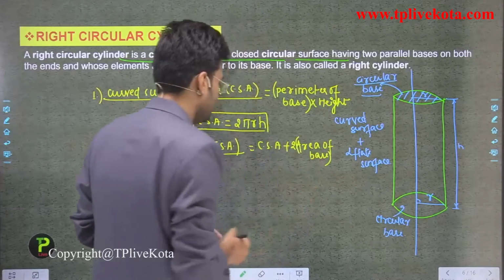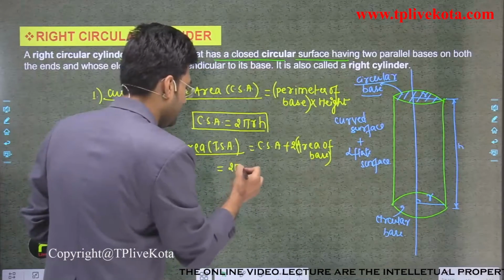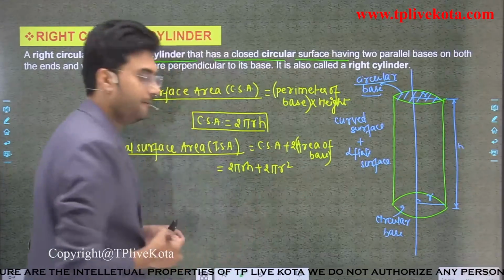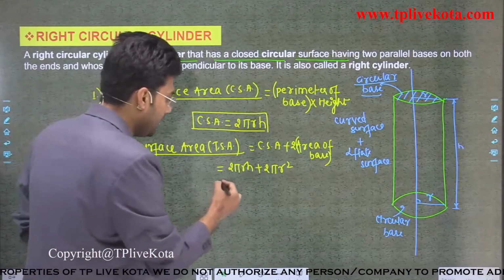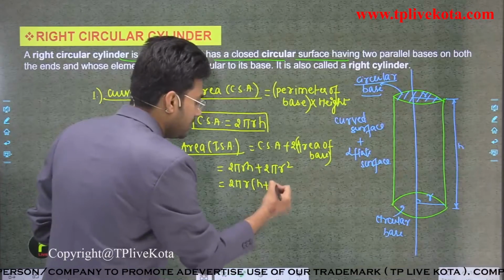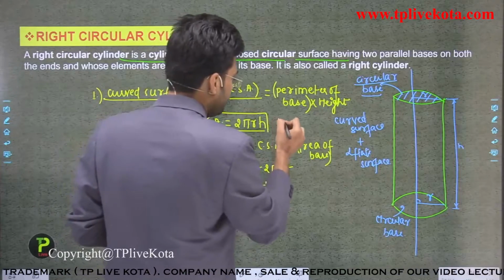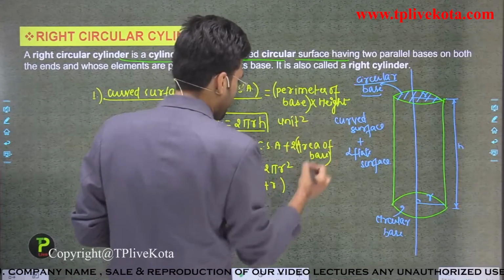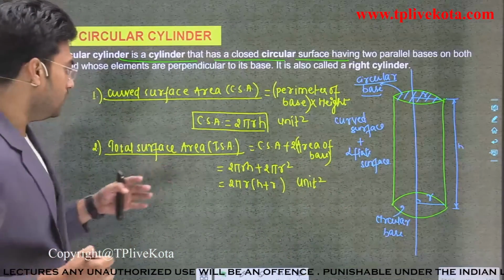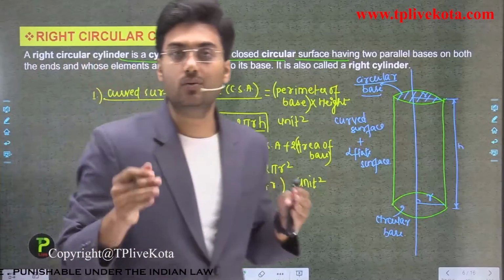So it is equal to 2 pi r h plus 2 times pi r square. So when we take 2 pi r common, then what will we get? It is h plus r, unit square. Okay, we can also write the unit here. So it is unit square, and this is also unit square. Clear, students?